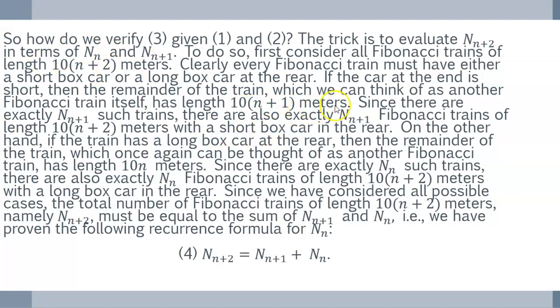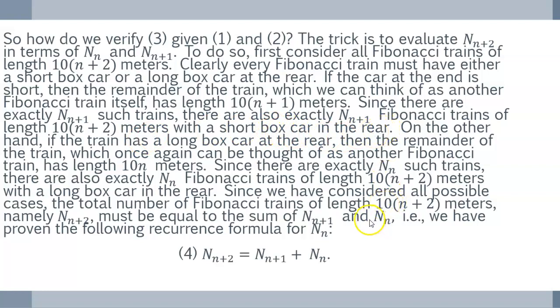We can think of the remainder as a Fibonacci train itself because it consists of the same short and long boxcars as the whole train. And we know there are capital N sub n plus 1 such trains. So there are also capital N sub n plus 1 Fibonacci trains of length 10n plus 2 meters with a short boxcar in the rear.